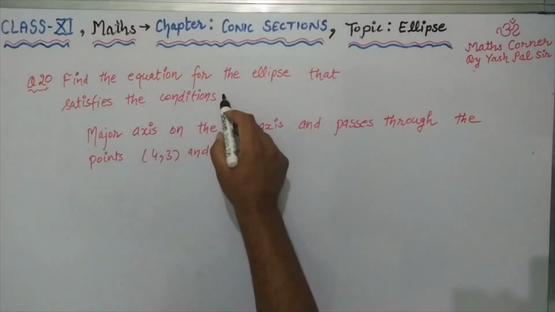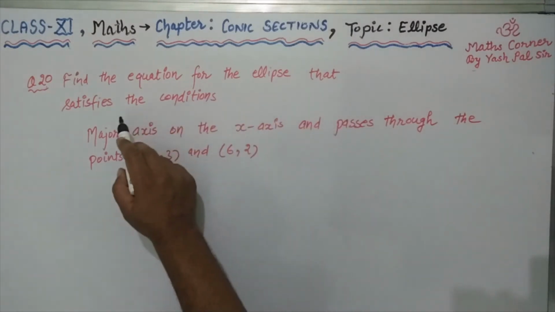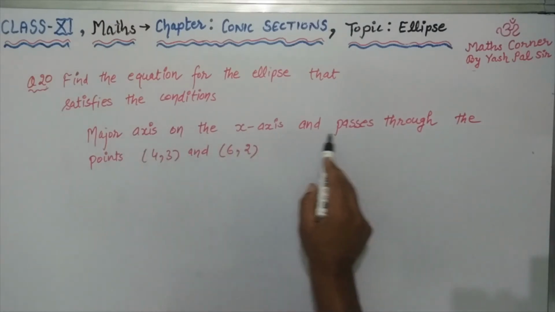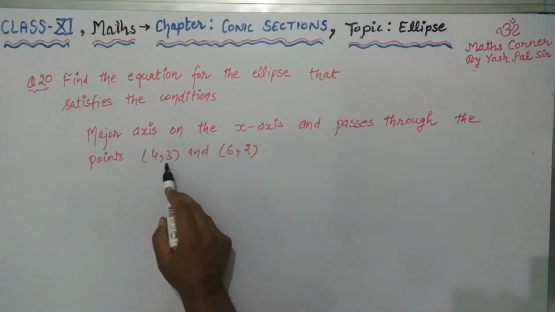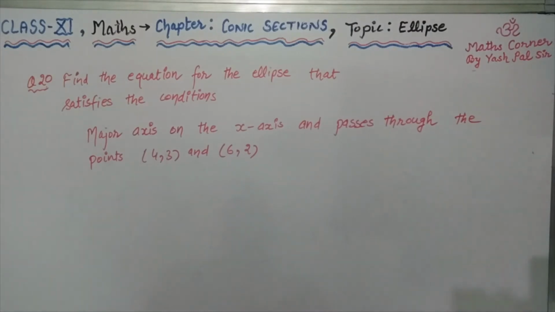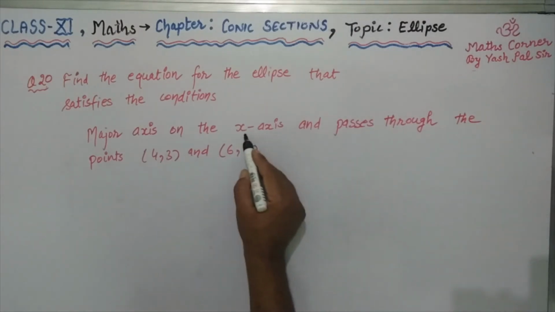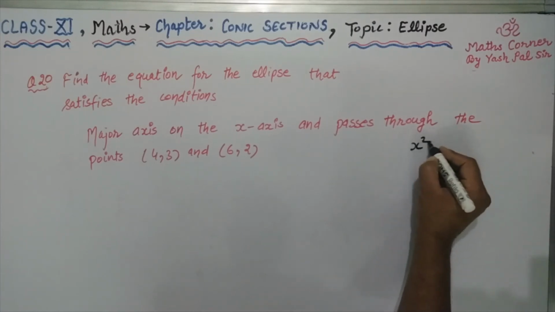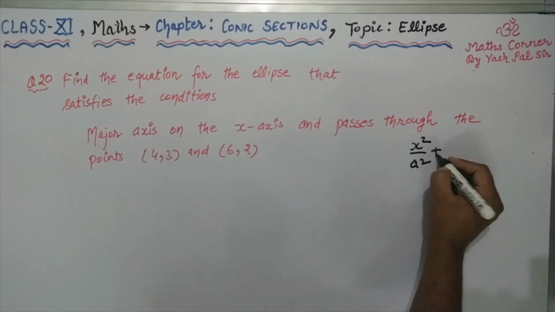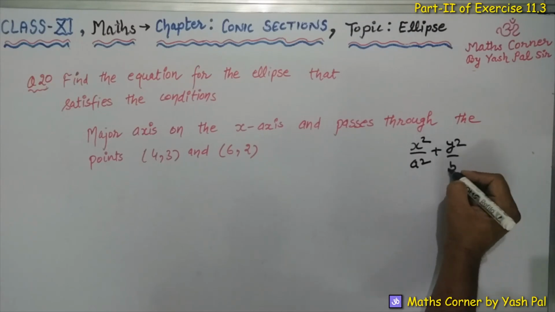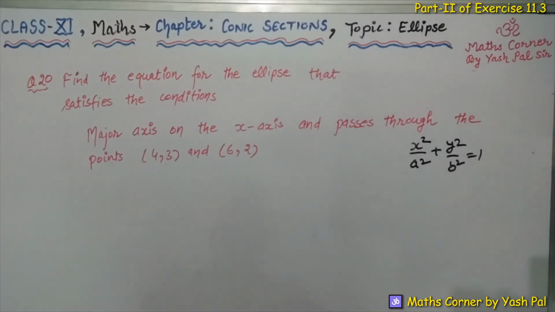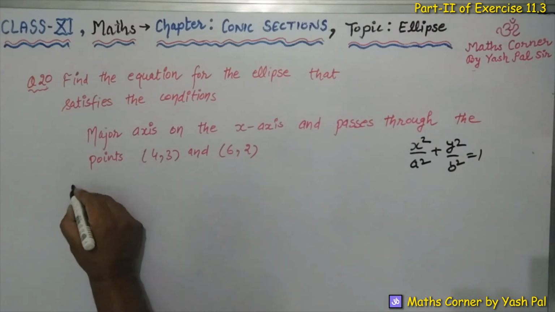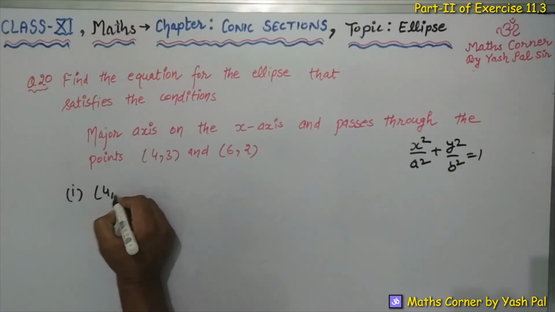Find the equation for the ellipse that satisfies the conditions: major axis on the x-axis and passes through the points (4, 3) and (6, 2). First of all, major axis on the x-axis, so the equation will be of the form x square upon a square plus y square upon b square is equal to 1, right? So first, this passes through (4, 3).